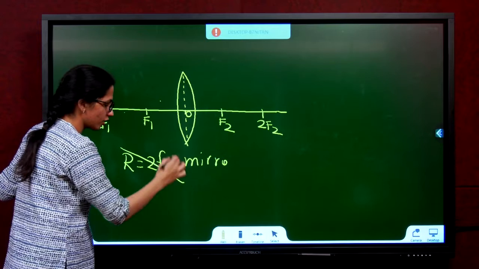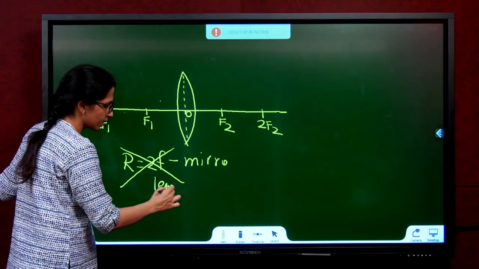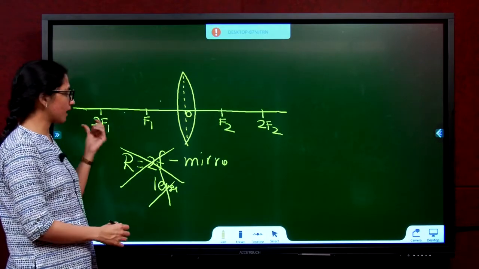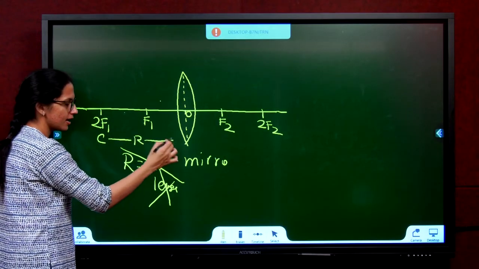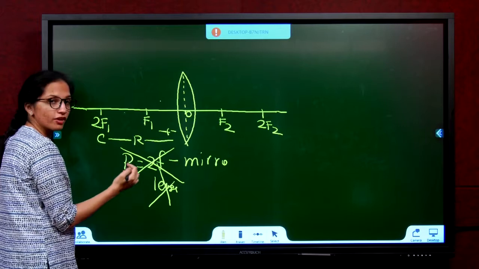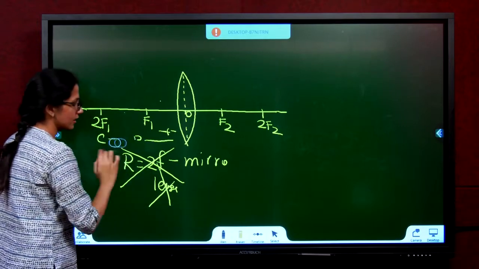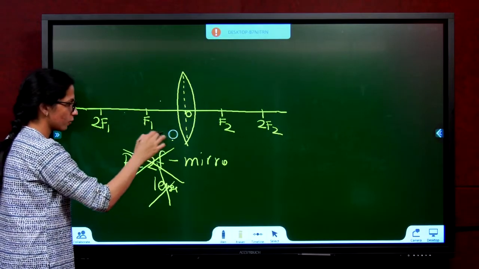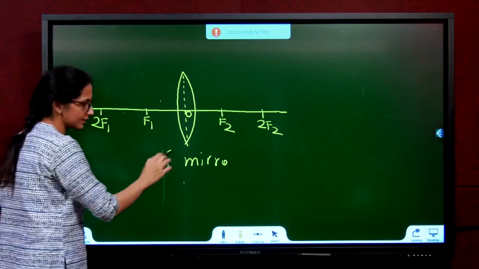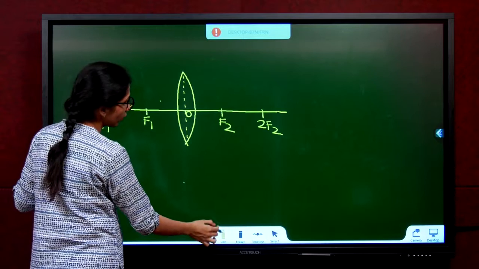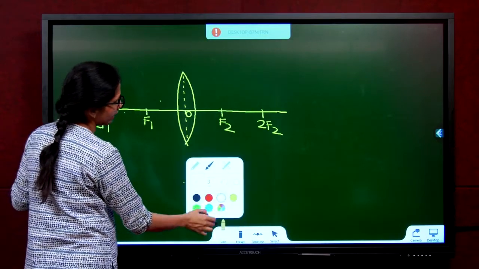It fails for lenses. So we cannot mark this as C, because if you mark this as C, that means you're telling this is the radius, this is f. Is R equals 2f for lenses? No, it is only for mirrors. So we don't mark this C, we take 2f. R equals 2f does not hold good for lenses. Remember this.